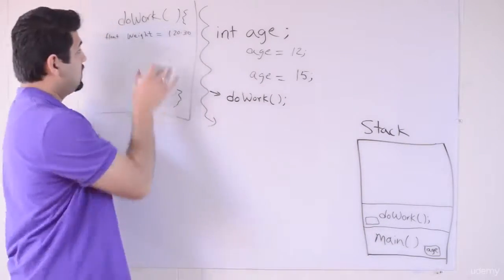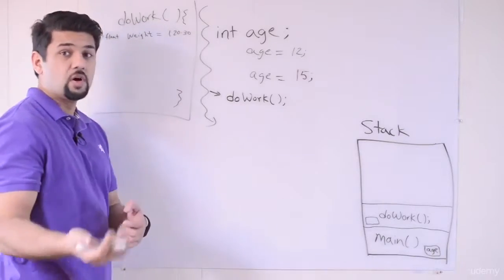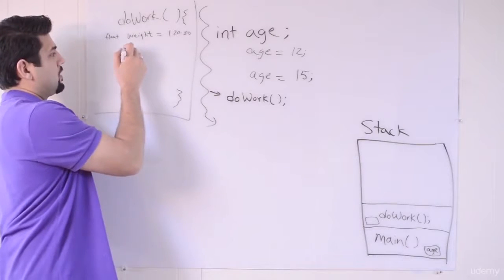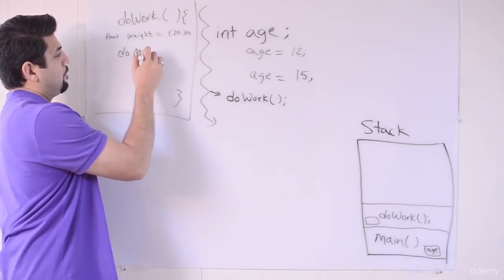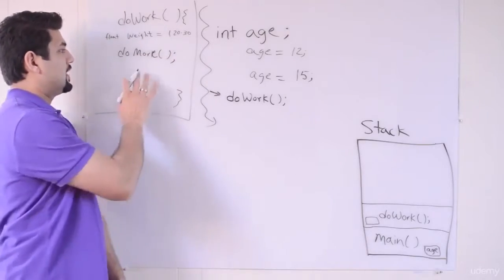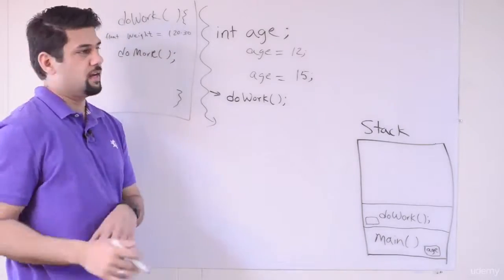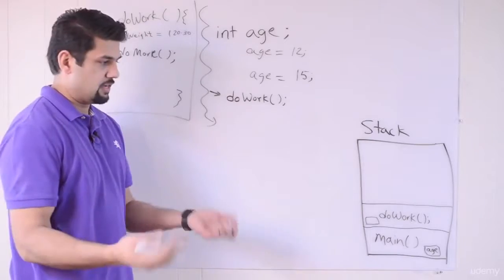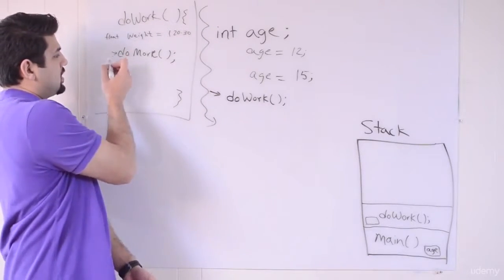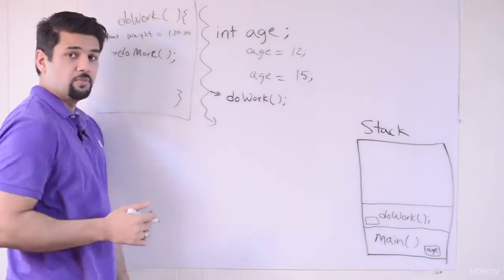And inside of this method definition, I can further invoke other methods. Let's say we have some method called do more, okay? Let's say this method goes out to the internet and downloads a bunch of files and enters them into the database, or whatever it is that it does. While this method is executing, of course, this will also be on the stack.